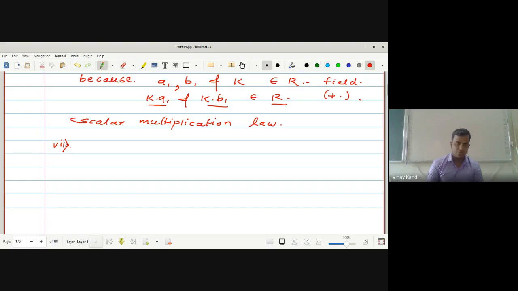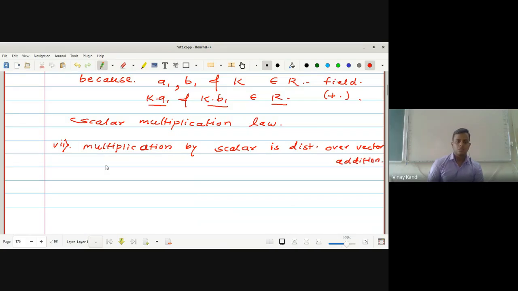This one is the seventh property. Multiplication by scalar is what? Distributive over vector addition.